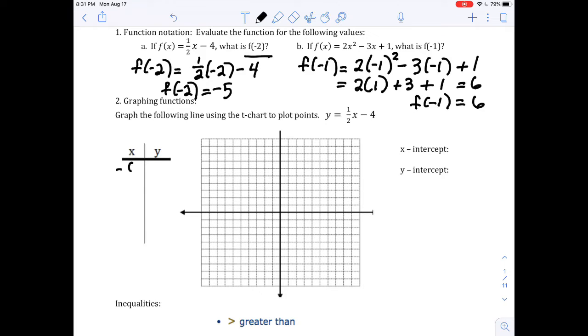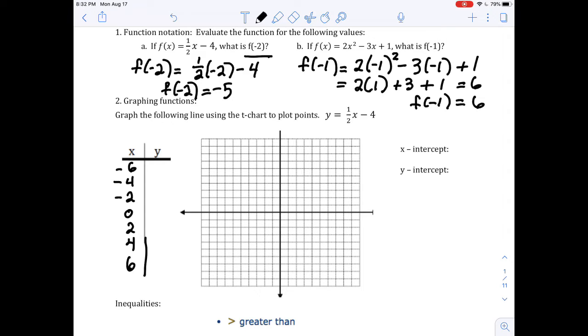I'm going to pick -6, -4, -2, 0, 2, 4, 6. Now that might seem like a lot of inputs, right? But maybe you'll only get through a few of them and be able to complete the sketch of the graph. Maybe you will need a lot of them in order to determine what the graph looks like.